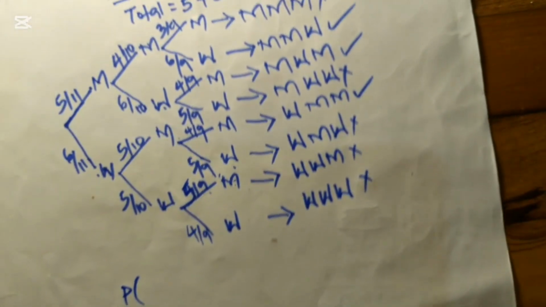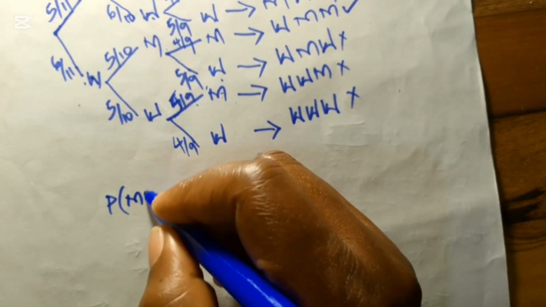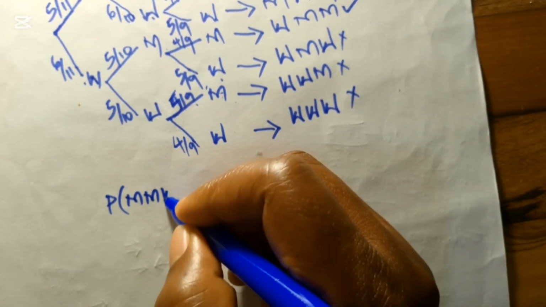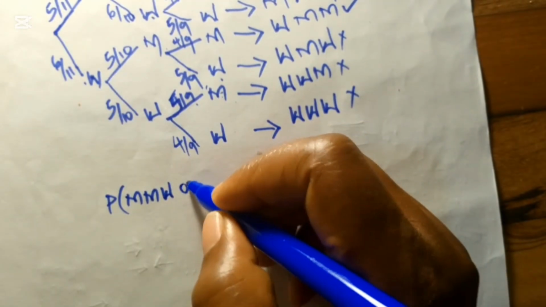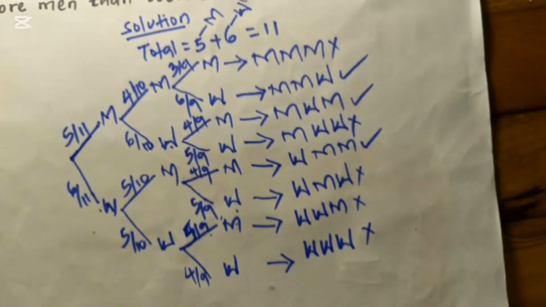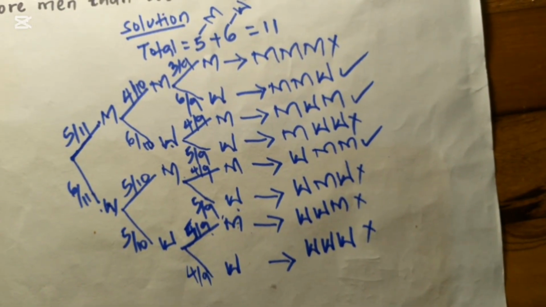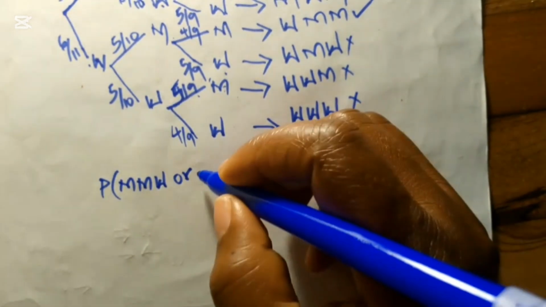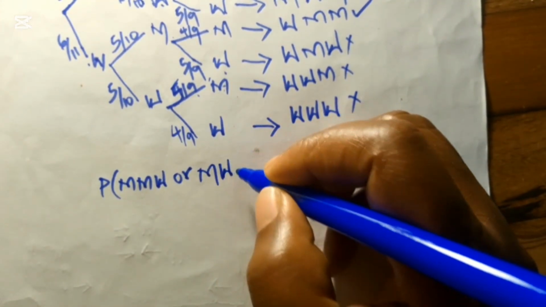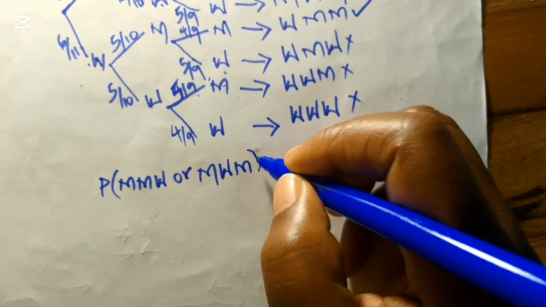So we are going to do that. We'll have the probability of the committee being of a man, a woman, and a man. Or the committee can be of a man, a woman, and a man. Don't interchange. A man, a woman, and a man. Sorry.